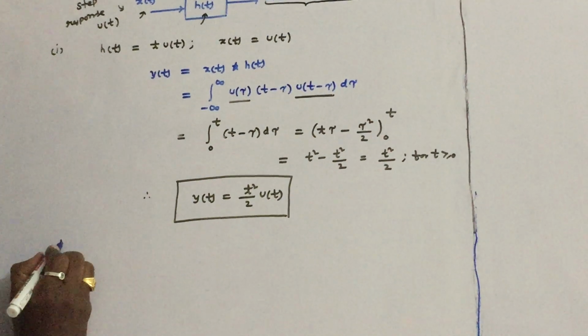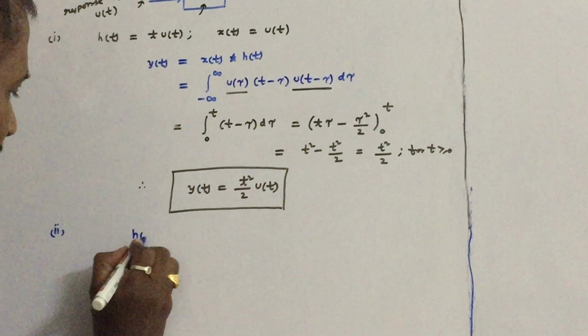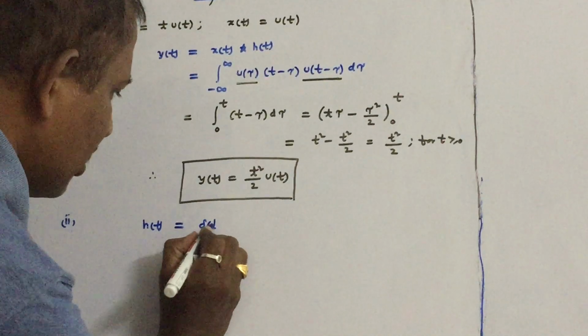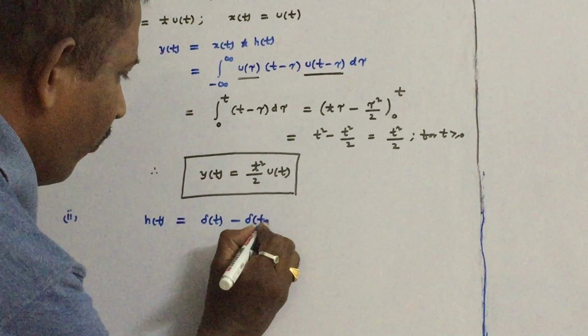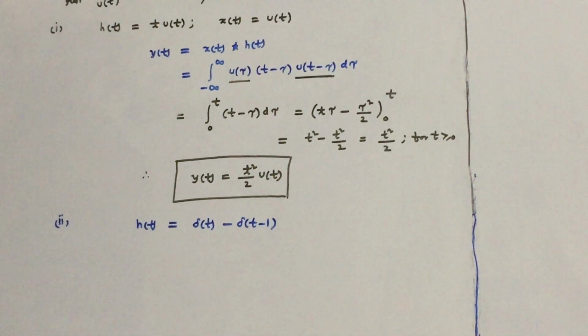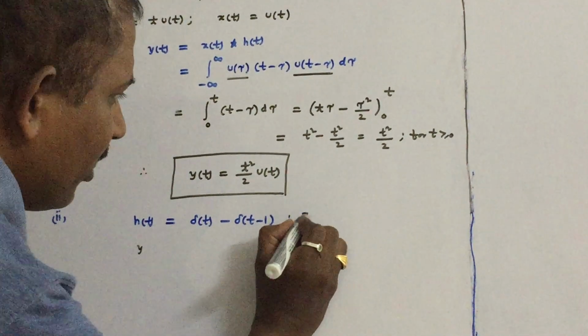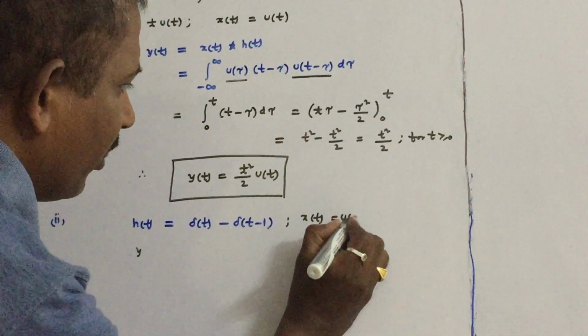So what is the second one? The second one is given as h of t is equal to the impulse response del of t minus del of t minus 1. What is our step response y of t? What is the input? Again the input is x of t is equal to u of t.